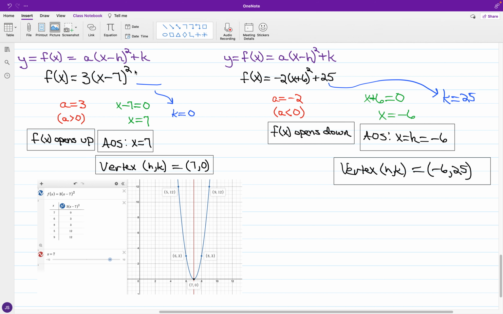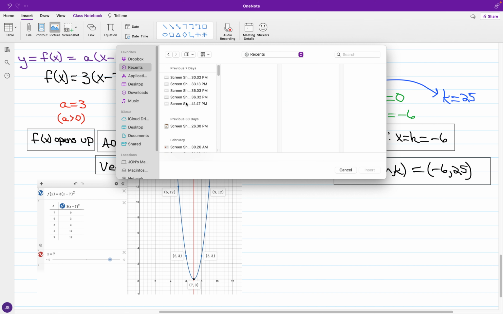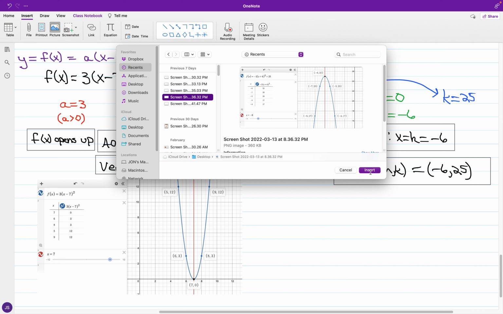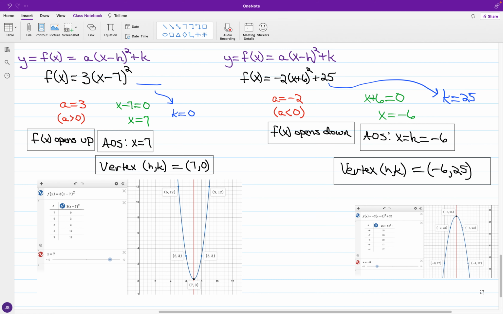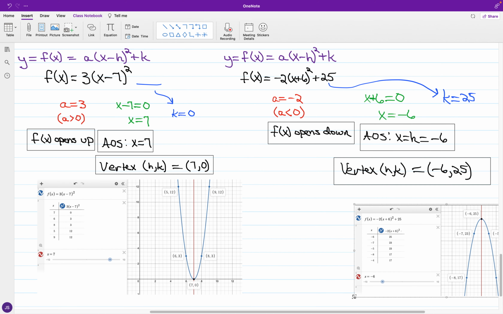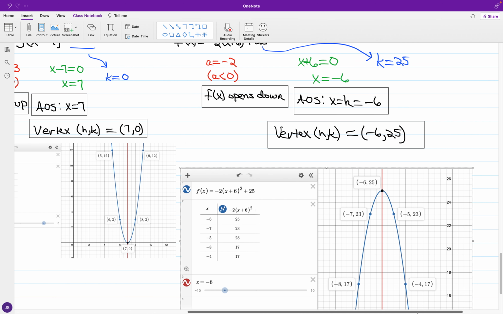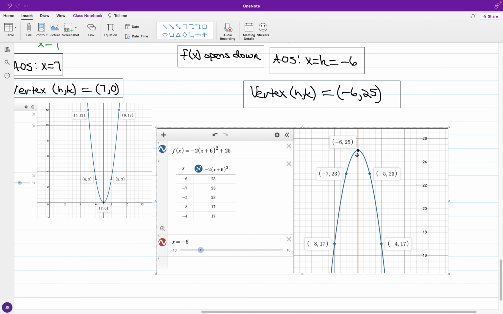And just looking at this function in terms of the visual layout. You have the vertex at -6, 25, and the parabola opens downward.